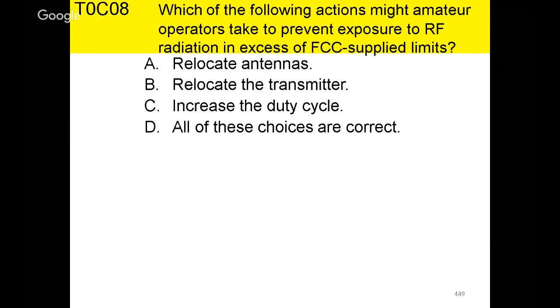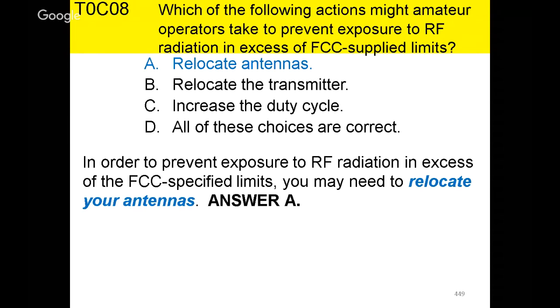Actually, relocating the antenna so that it's not within proximity is probably the correct answer here. In order to prevent exposure in excess of the limits, you may need to relocate your antennas further away or even higher, so that the human body is outside the transmitting plane of the antenna, of the signal.